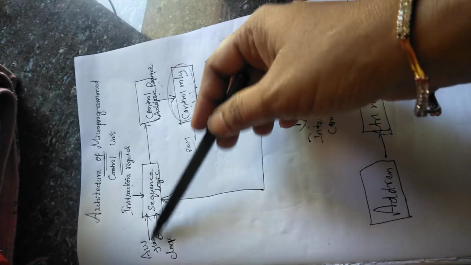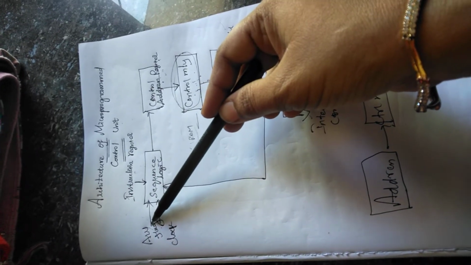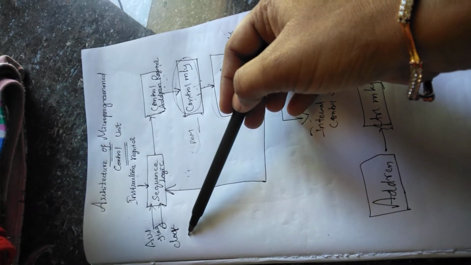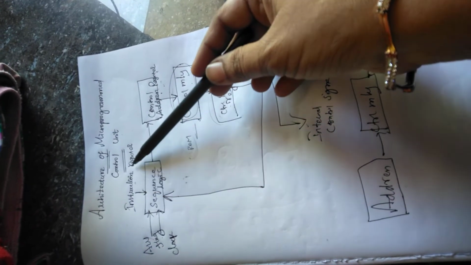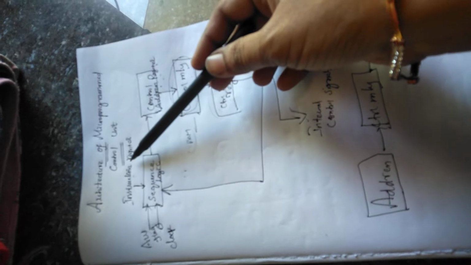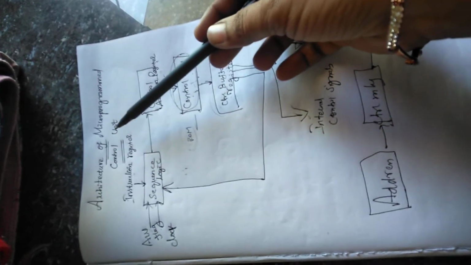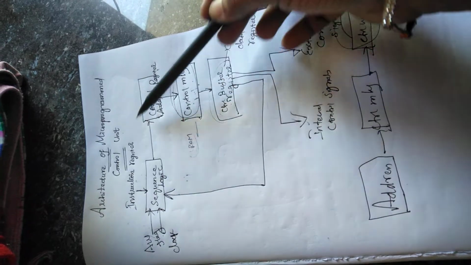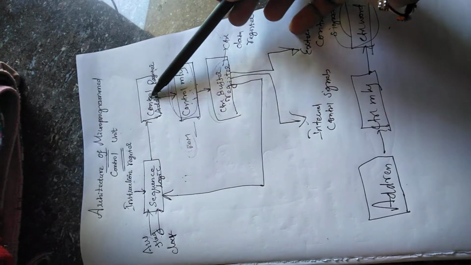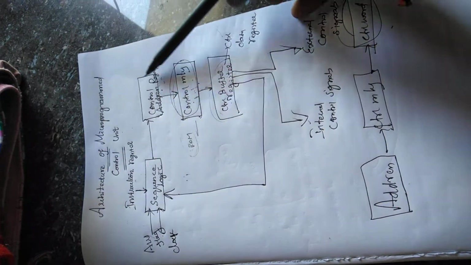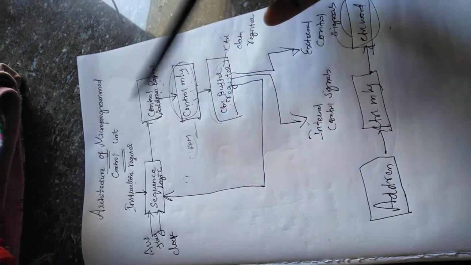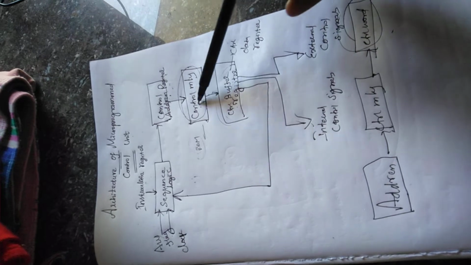To recap: we have the inputs, the ALU flag, the clock pulse, and the instruction register, which holds the next instruction to be executed. The sequence logic stores data in the control address register, which stores the address of the control word, and this is transferred to the control memory.